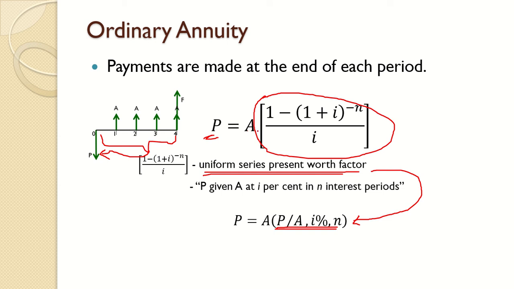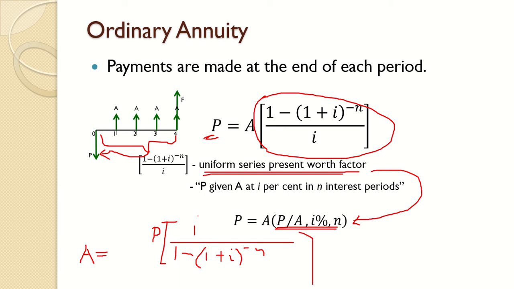Now we can also calculate A using P. We just have to use algebraic manipulation. You cross multiply this factor to the other side, so A is equal to P times I over this numerator. When you cross multiply, it flips from numerator to denominator and denominator to numerator.